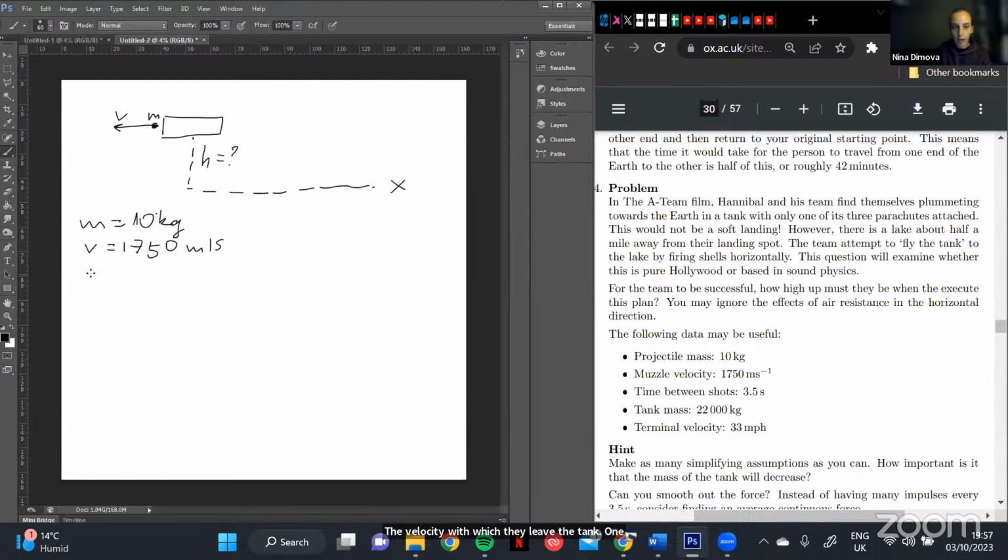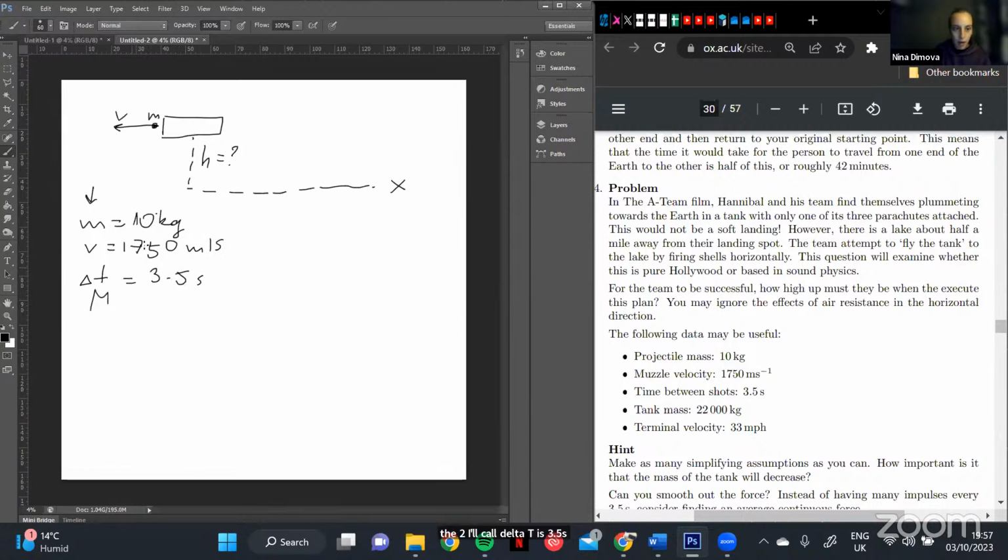Usually when you have a problem like that, I do write them down so that you can show the examiner how you will denote those parameters. Then you have the time between shots. They fire one projectile and then the other, and the time between the two, I'll call delta T, is 3.5 seconds.